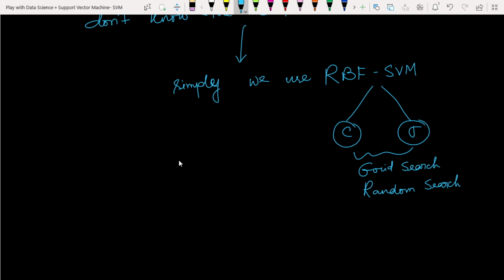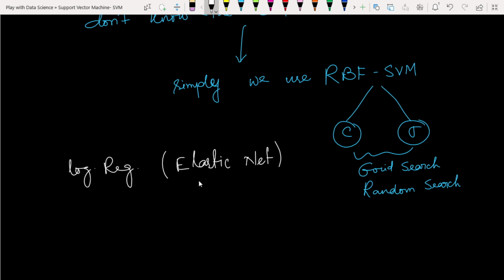We also tuned two hyperparameters in logistic regression. If you remember, we have elastic net, where we use lambda 1 and lambda 2 parameters.